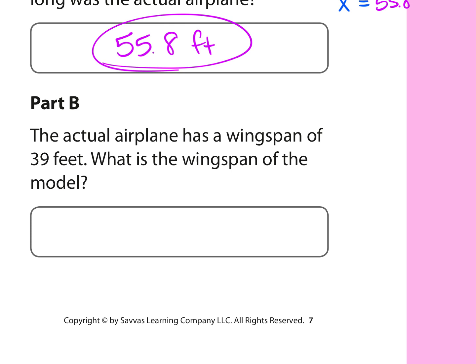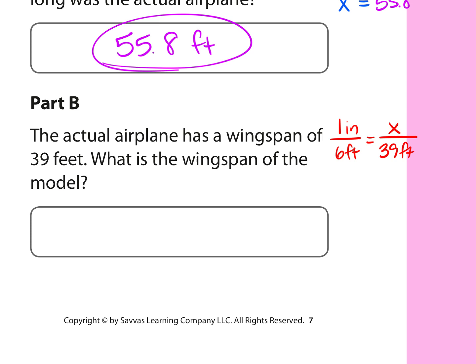Part B, the actual airplane has a wingspan of 39 feet. What is the wingspan of the model? So I'm going to start with my scale. 1 inch is equal to 6 feet. And at this time it's giving us the actual feet, 39 feet. So I'm going to look for x, the number of inches.